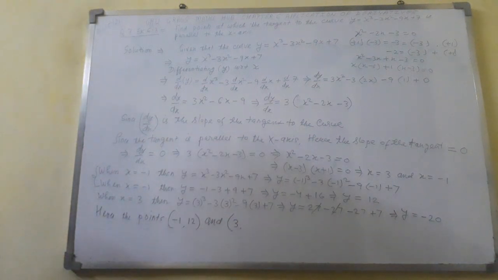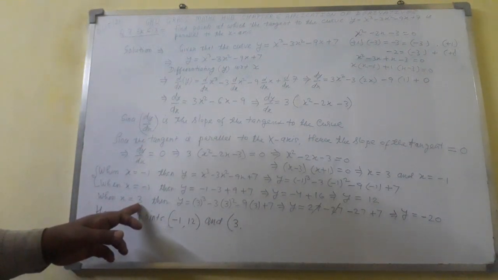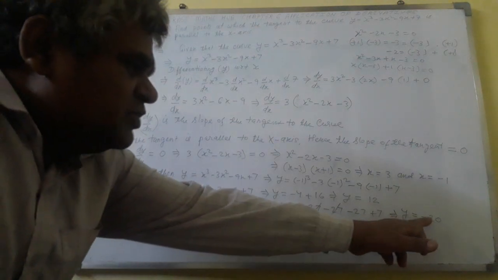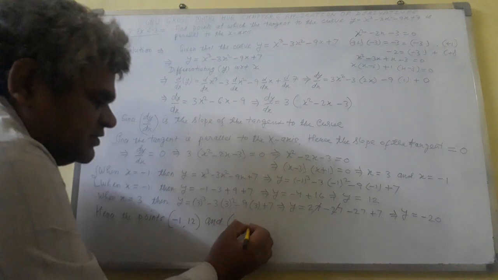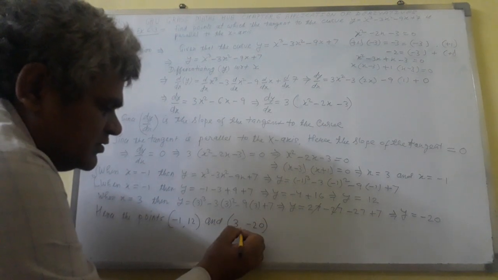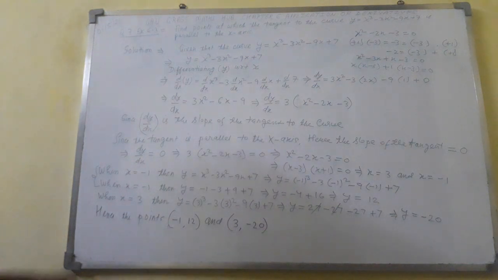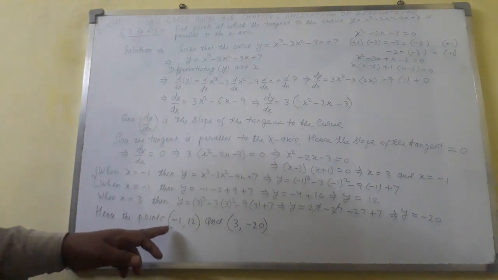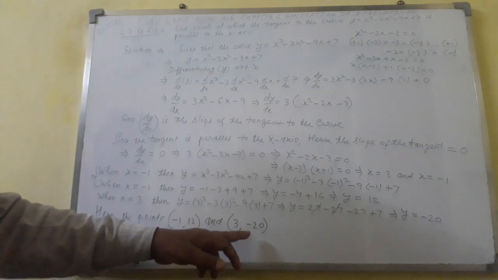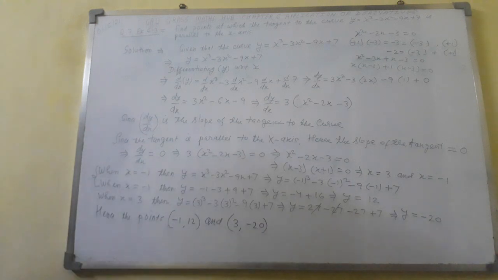Right here 3. Corresponding to abscissa 3, ordinate we have got minus 20. So here write minus 20. Hence the point will be minus 1 comma 12 and 3 comma minus 20.